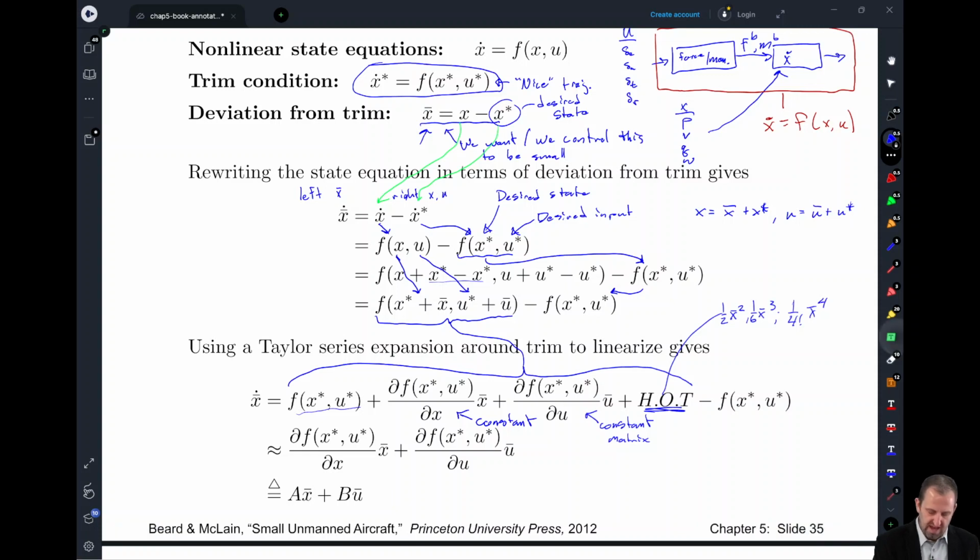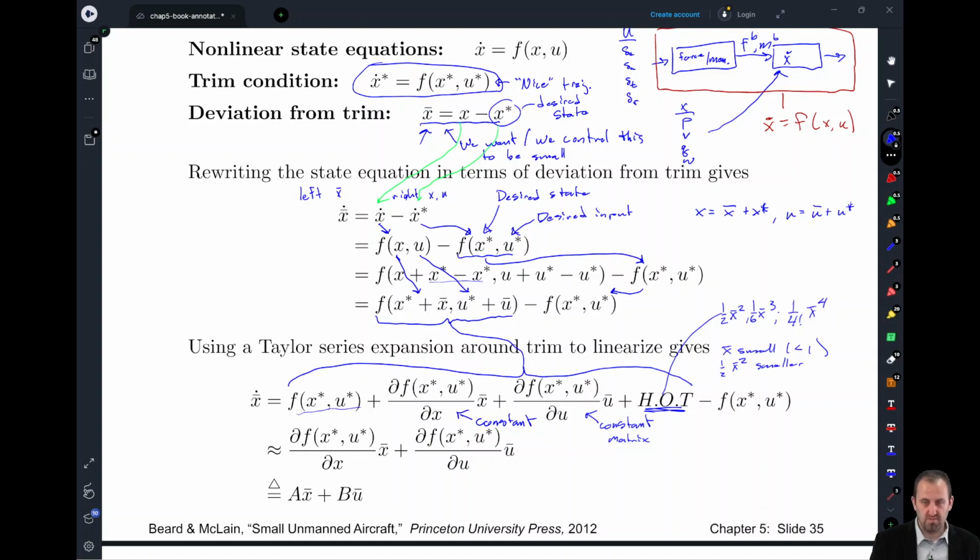And if x bar is small, less than 1, then x bar squared is going to be smaller, and we're dividing it by 2, so we have two components that make it even smaller. And 1/6 is even smaller times x bar cubed.